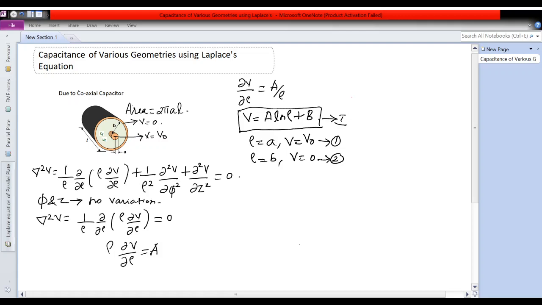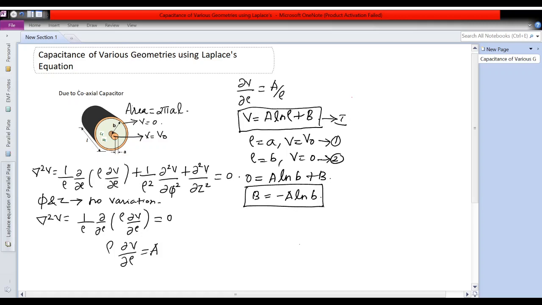When I apply the second boundary condition, 0 is equal to A ln of B plus capital B. So what is capital B from here? Minus A ln of B. This is your value of B, by substituting the second condition.